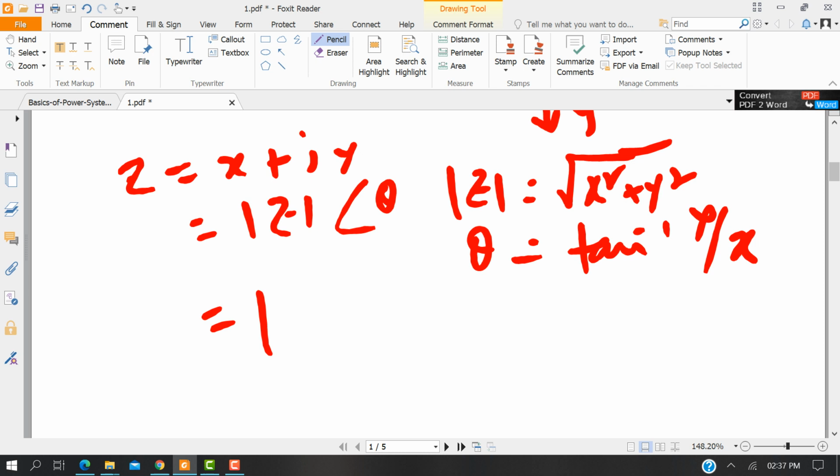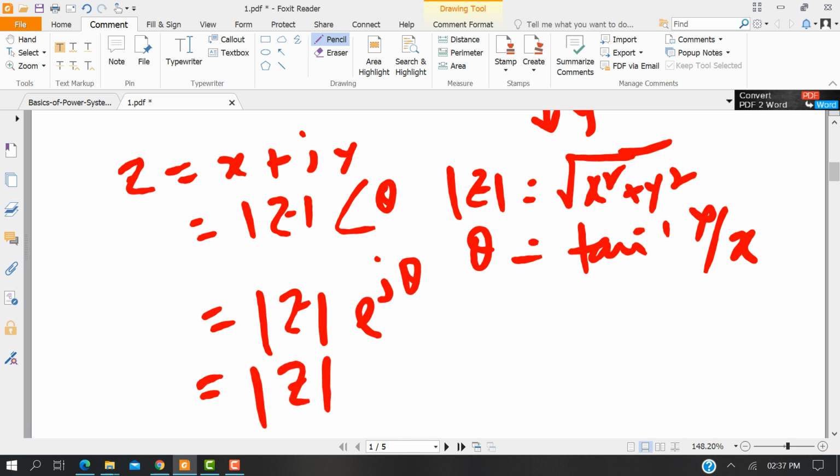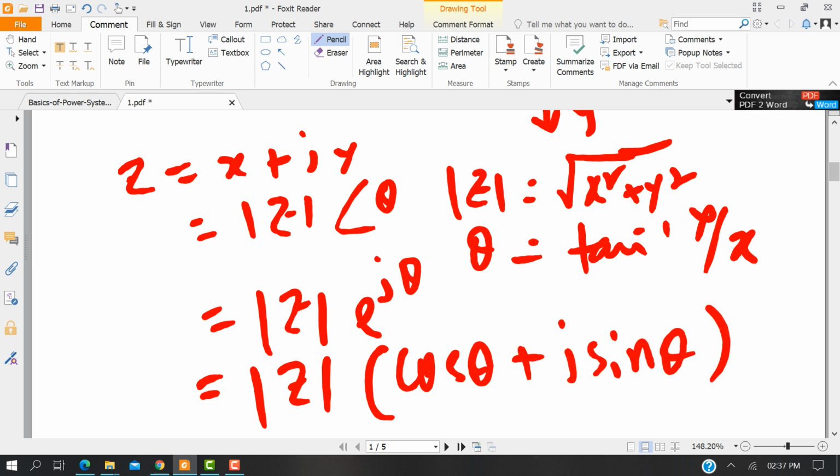It can be expressed as e to the power j theta, the exponential form, and another form is cos theta plus j sin theta. If I put minus over here, it's a trigonometric form, it's an exponential form, it's a polar form, and it's a Cartesian form. So in phasor algebra we can express in different ways.